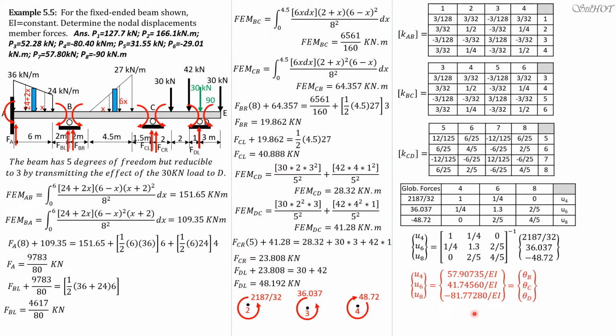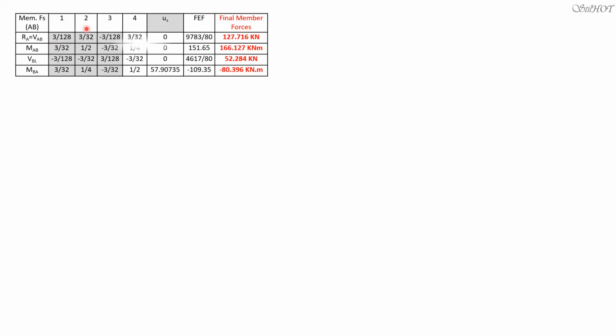So having found these global or nodal displacements, we now compute member forces, which is stiffness, then we have displacement, then fixed end force. So for member AB, these are the stiffness, and only U4 has a value. U1, U2, U3 are all zeros.